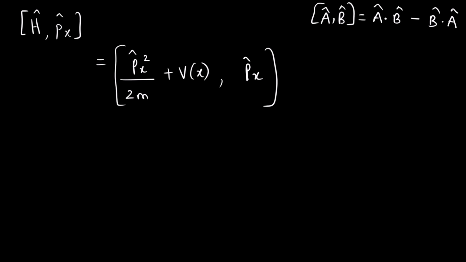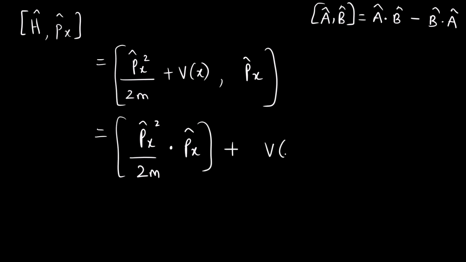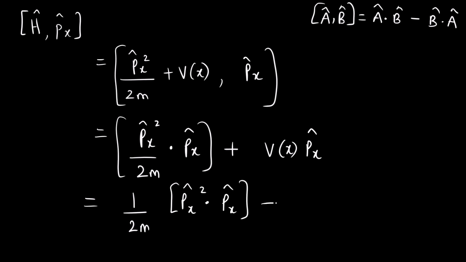So this will be Px square by 2m commuting with Px cap plus Vx commuting with Px cap. Now 2m is a constant, so I can take that outside. Px square into Px commuting with Px, plus Vx into Px cap.